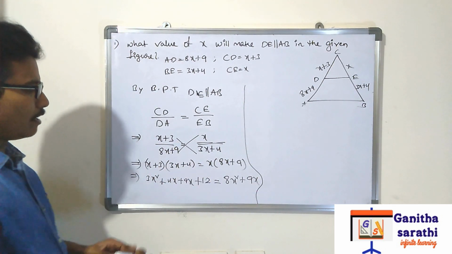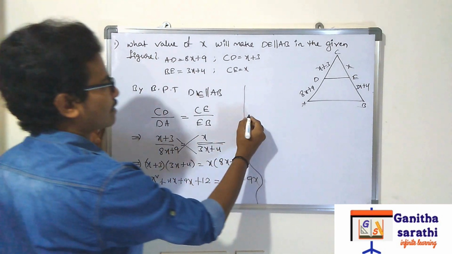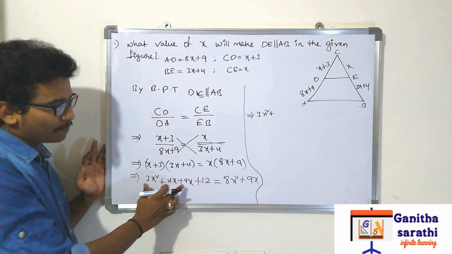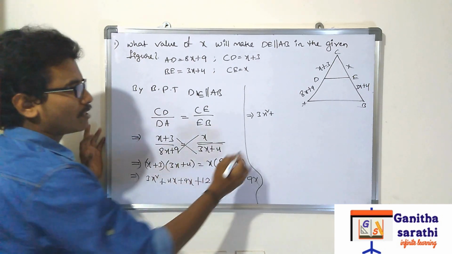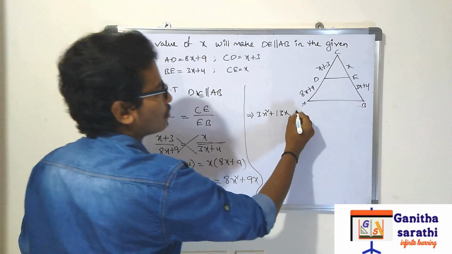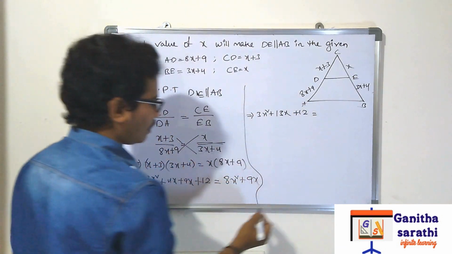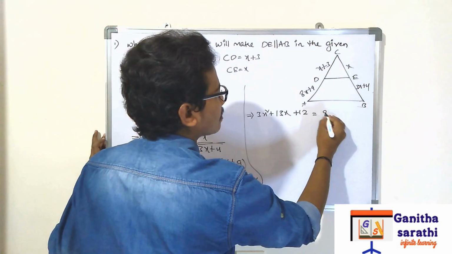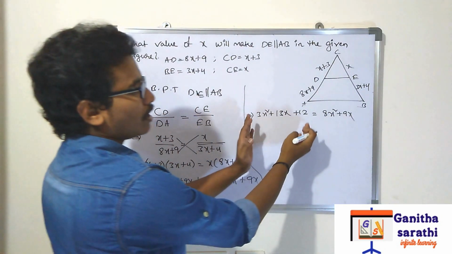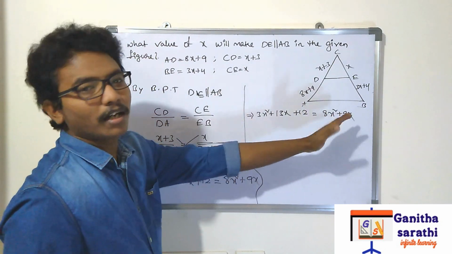So now what do you do? First solve this one. 3x square plus 4x plus 9x. 4x plus 9x means how much? 13x, right? Plus 12 is equal to 8x square plus 9x. Okay. So take all the terms on the left hand side to the right hand side.